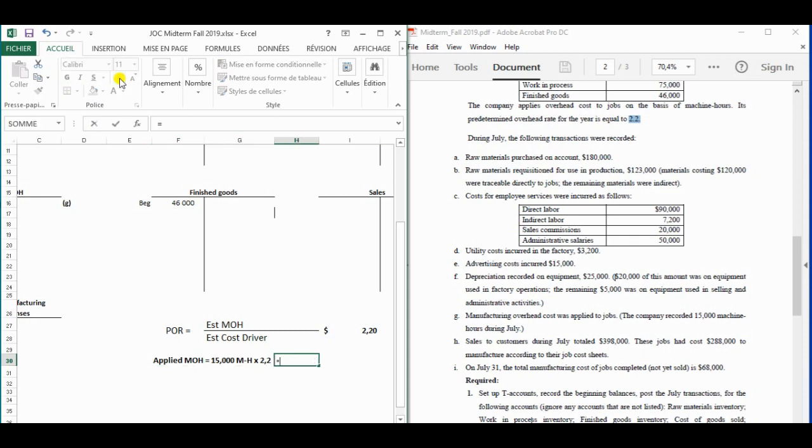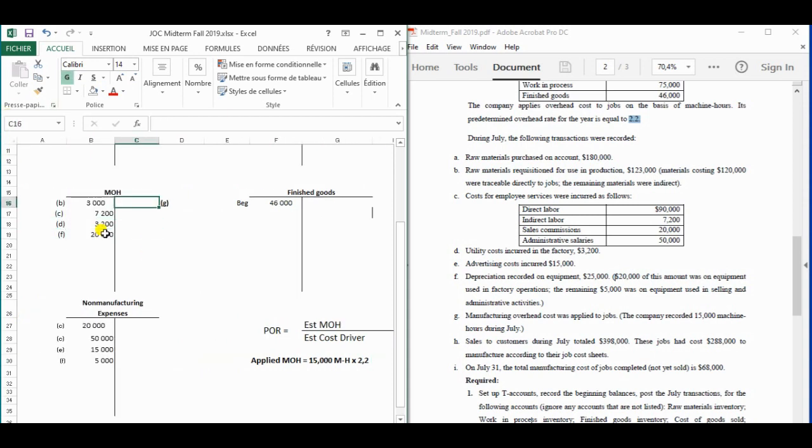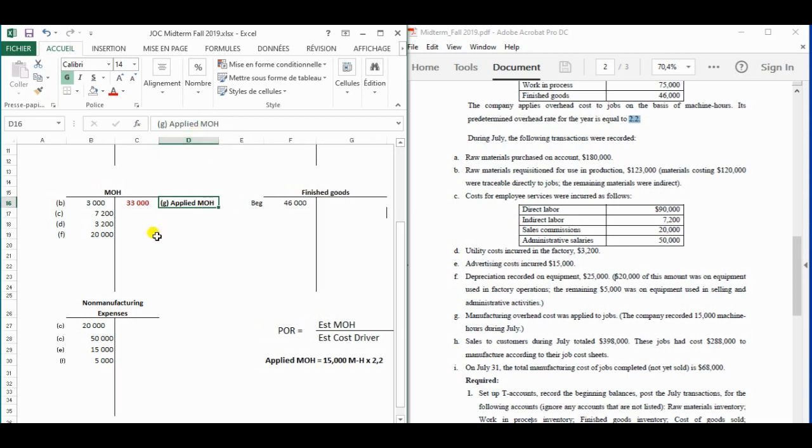So it is equal to $33,000, and I will credit the MOH with this amount, $33,000. So this is the applied MOH.